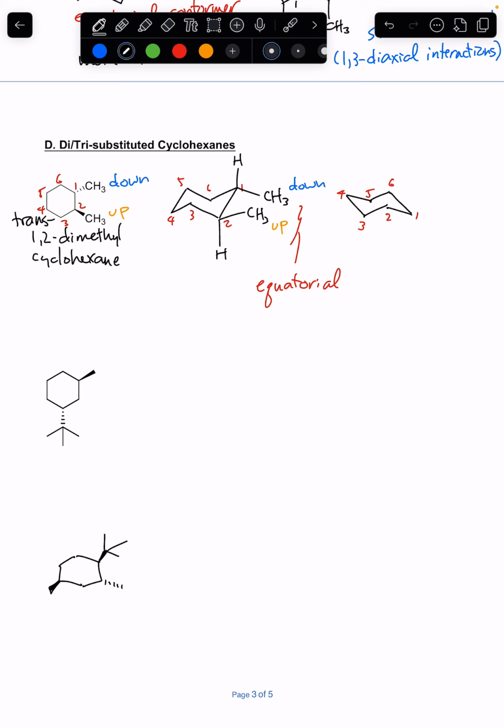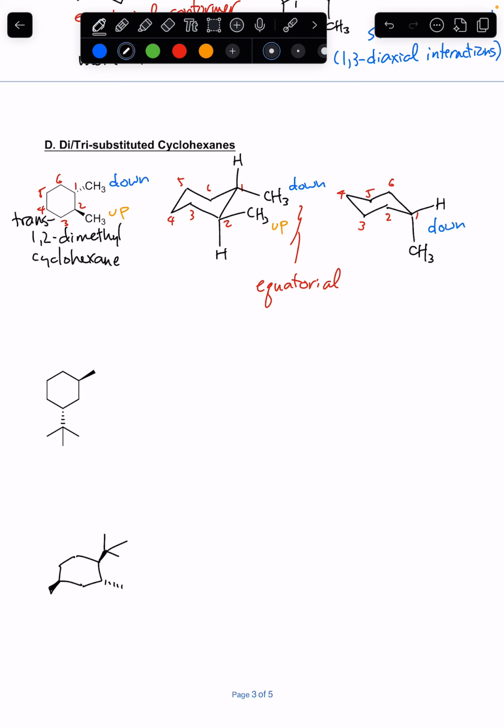Now, at carbon number 1, hydrogen is still up, but at this position, up should look like this. Up is not this. That is not a possible bond angle. So up is this, where it's parallel to these bonds. And then down would be axial, down like so. So this is still down at carbon number 1.